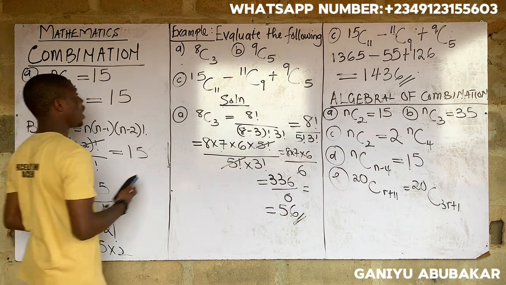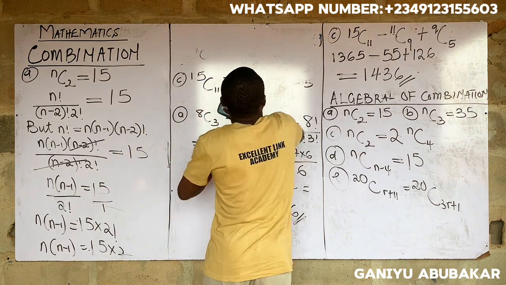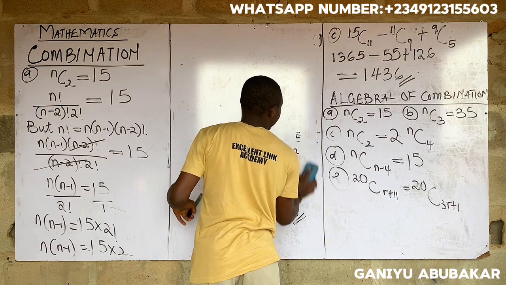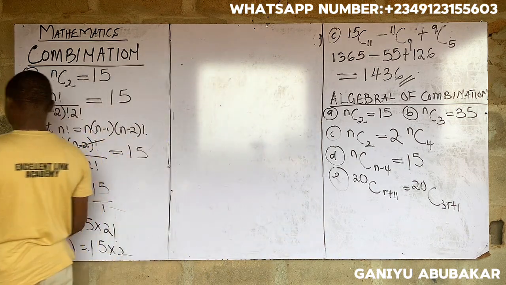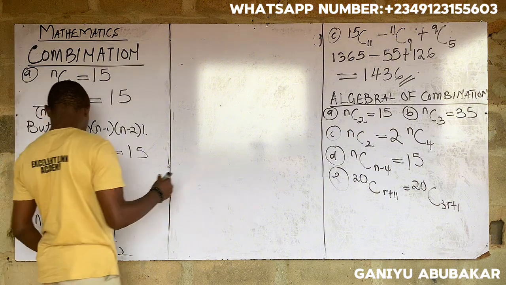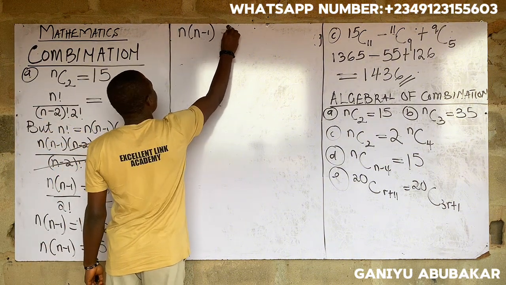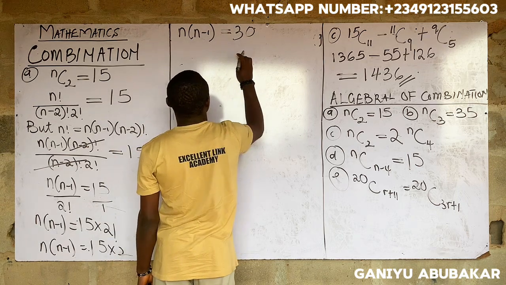At this point now, how do we get our value for n here? So proceeding with the solving, let's see what we get. From here now, I'll have n into n minus 1 equal to 15 times 2. That's about 30.